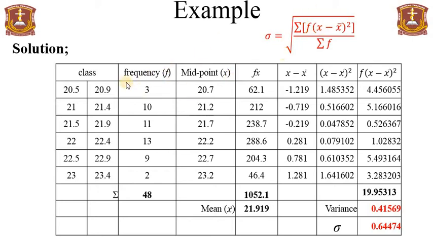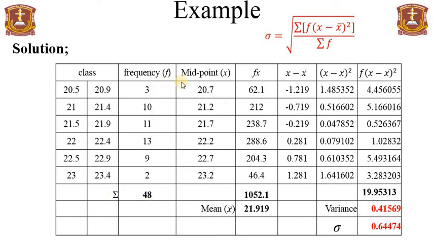We first want to look at the columns that are going to help us in finding this result. First of all, we have the classes and we have the frequencies, and we can sum this up even in Excel, and we find the summation of f as 48 here.